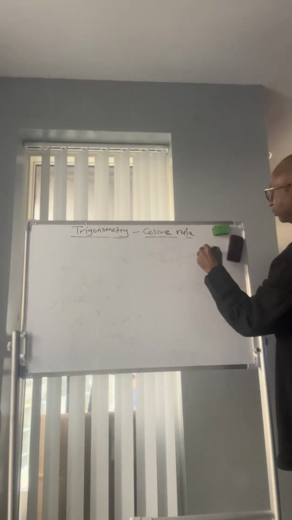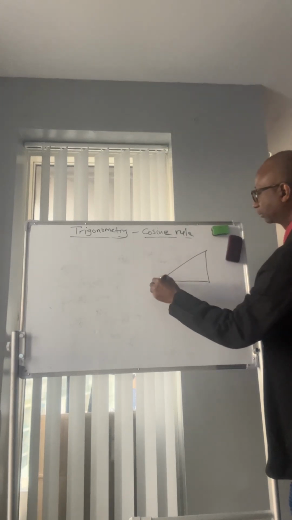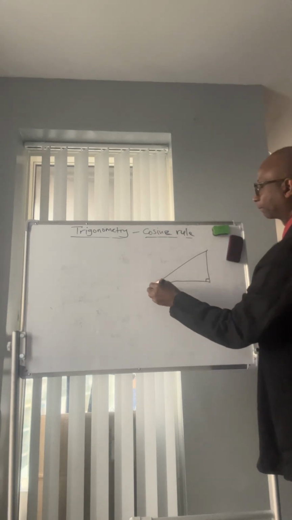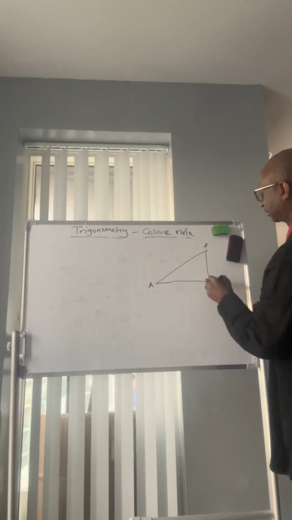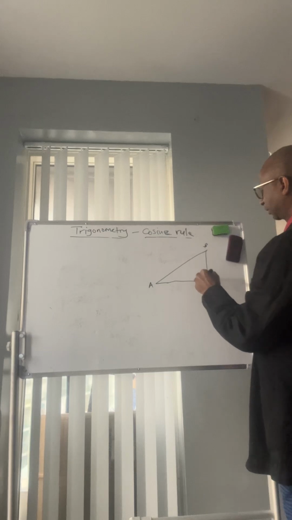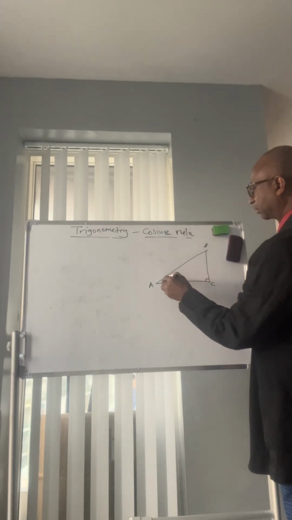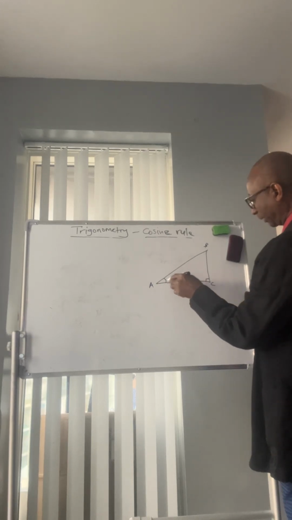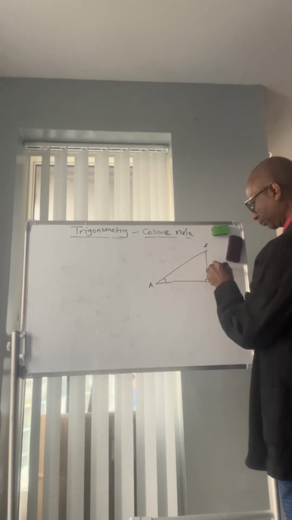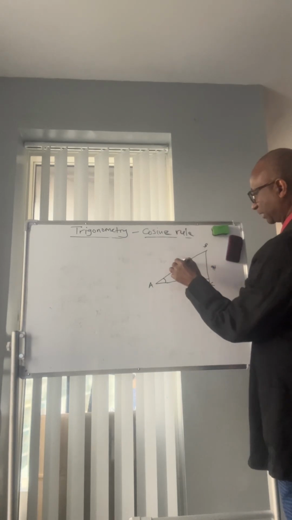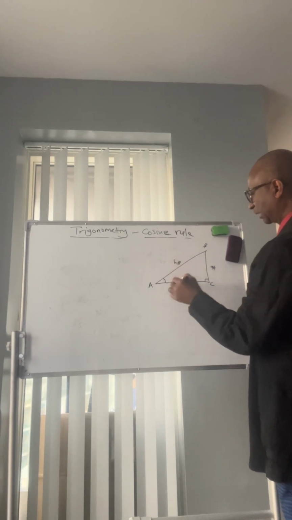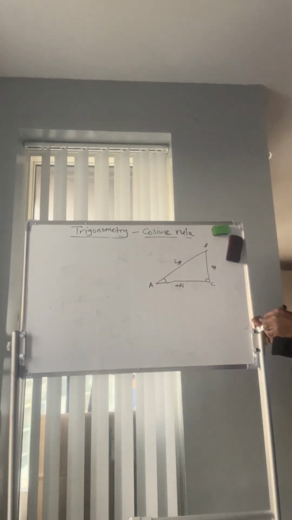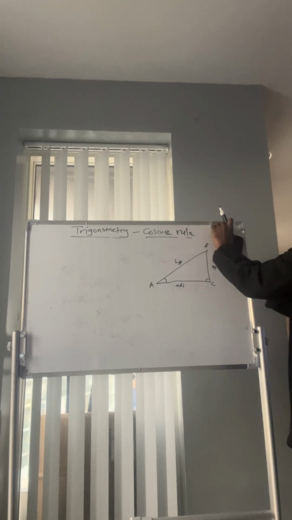If we have this triangle, for example, 90 degrees here, A, B, C. So if we are taking angle A, this is its opposite side, this is its hypotenuse side, and this side is adjacent to angle A, this is the adjacent side. This is B, don't forget.